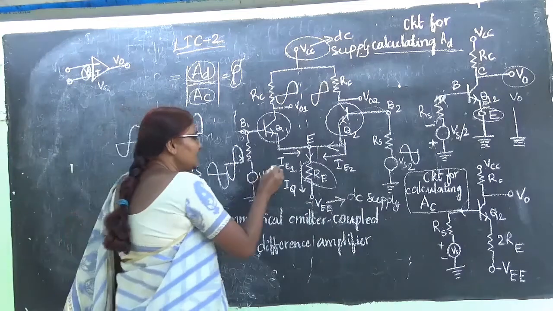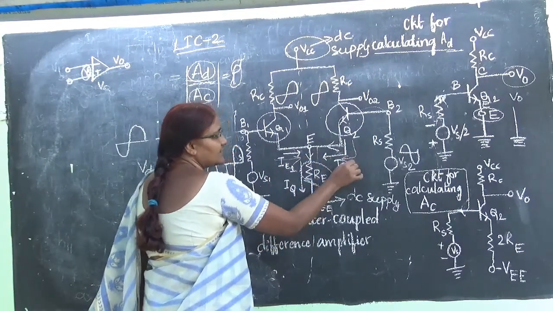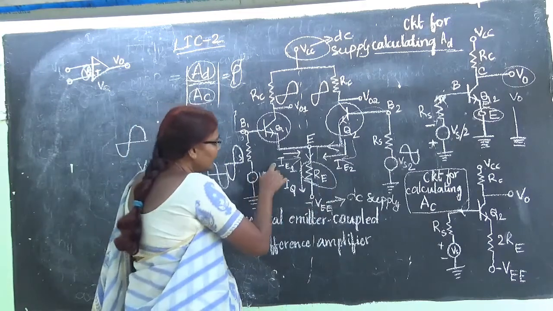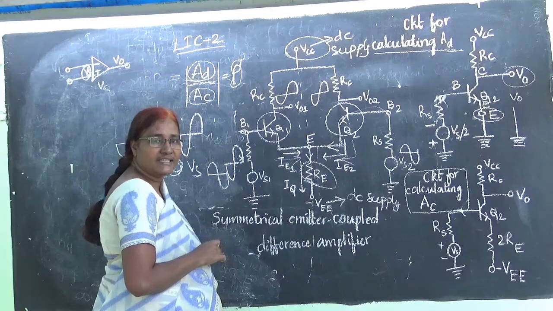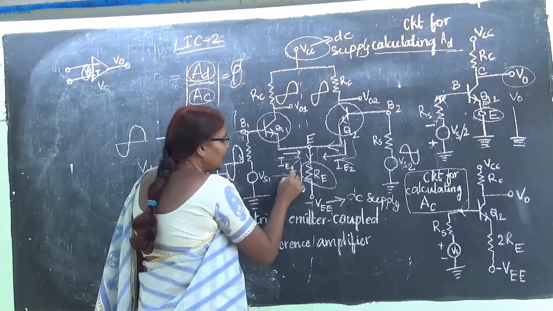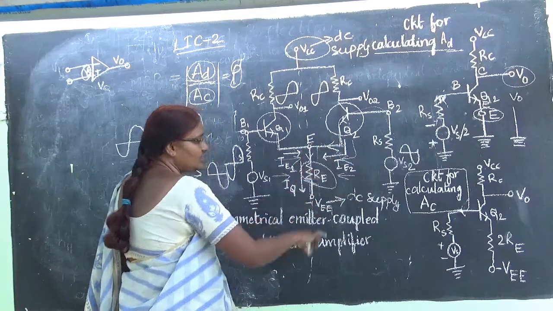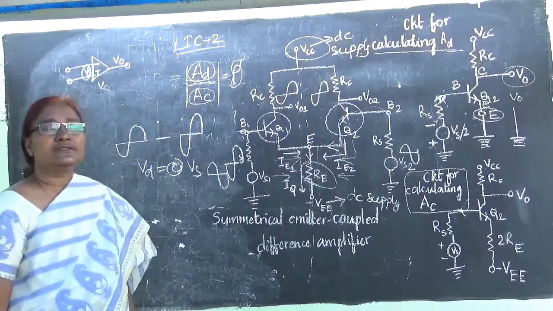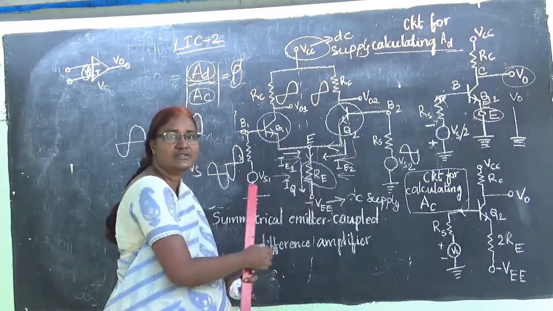If a positive current is flowing in this direction, definitely negative current should flow in this direction. If a negative current is flowing in this direction, definitely positive current should flow in this direction. If negative current IE1 and a positive current IE2 are entering in the same channel, so what happens? The total net current will be zero through this resistance.